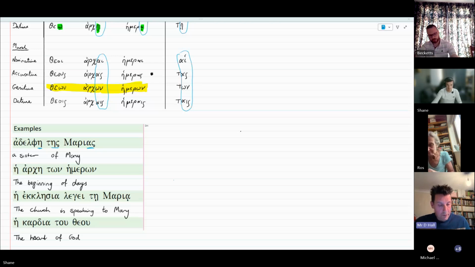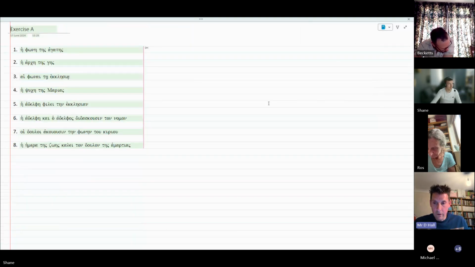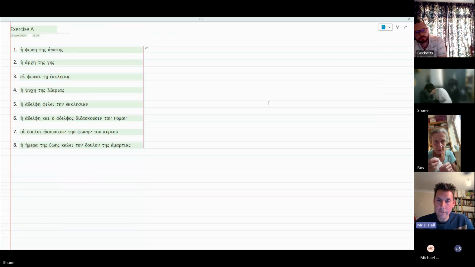Right, gone on for a little bit there. Hopefully, though, we've managed to cover a bit of ground and we've got some idea. I want you to do a little bit of practice. So what I'm going to do is give you an exercise to do, which is on the next page here. I'll give you a few minutes to have a go at doing the first couple. Someone suggested that it might be good just for me to check how you're getting on after a couple of minutes, just to check you're doing the right thing, rather than having you plow all the way through.